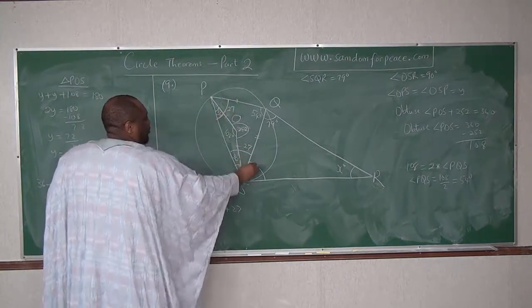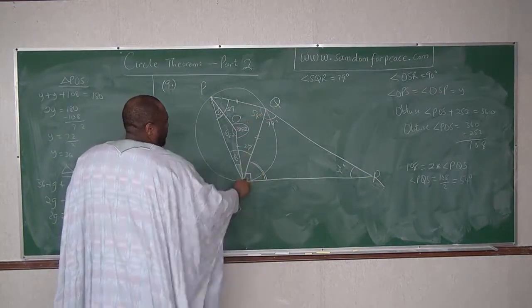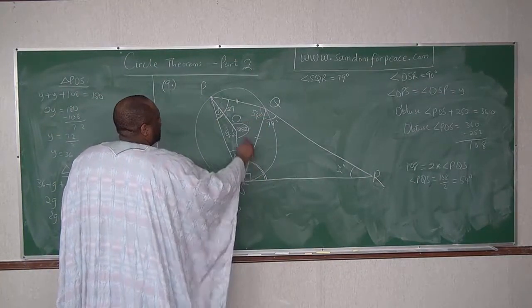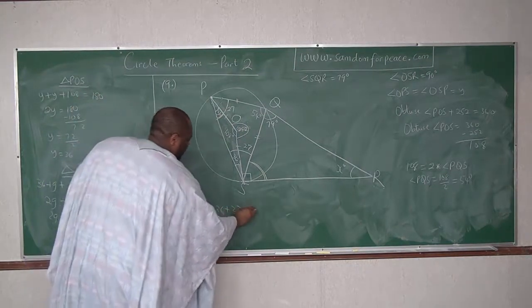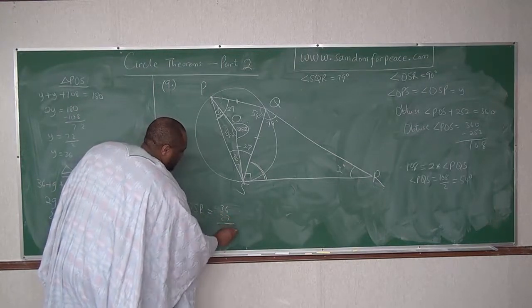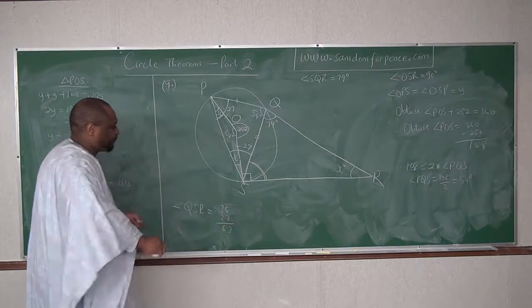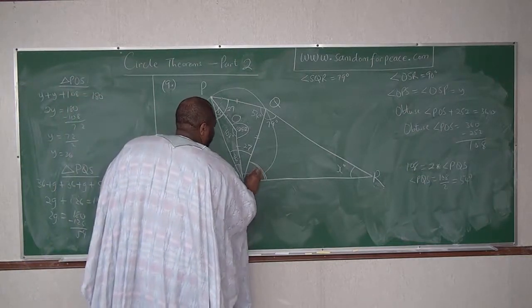So 36 plus 27 is 63. So this is 63 degrees here.